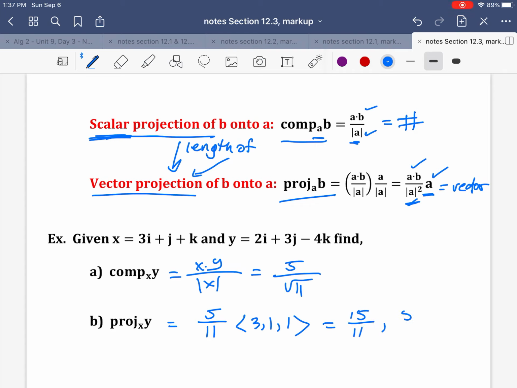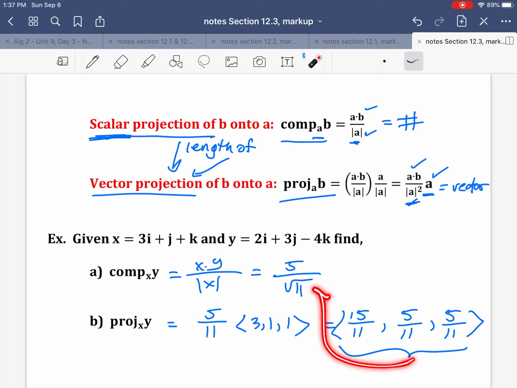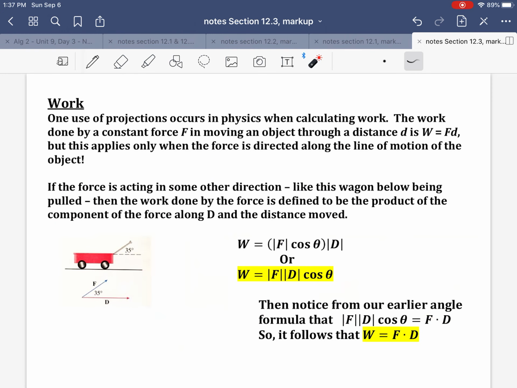So I end up getting 15 over 11 for this vector, 5 over 11, and 5 over 11 again. Okay, so that was the projection of y onto x. And if you did the magnitude of this vector, it would come out to this answer right here. Okay. All right. So next one.